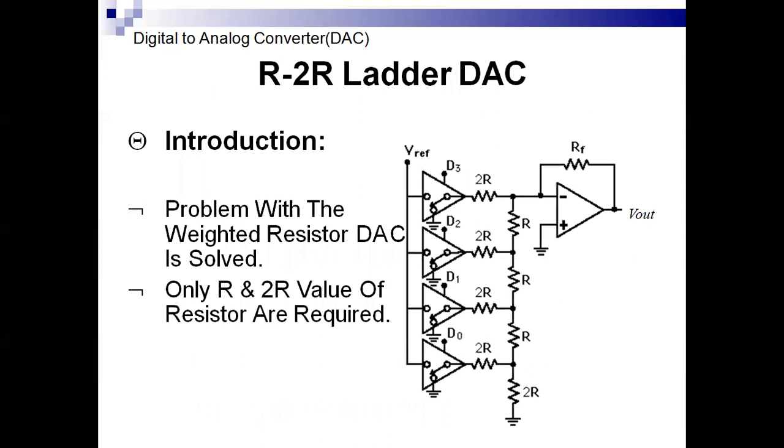Next one, R-2R ladder DAC. The problem with the weighted resistor DAC is solved, as only R and 2R values of resistors are required. Here once again, for clear and set, it is for clear. While it is connected over here, that means it is going to set the value.